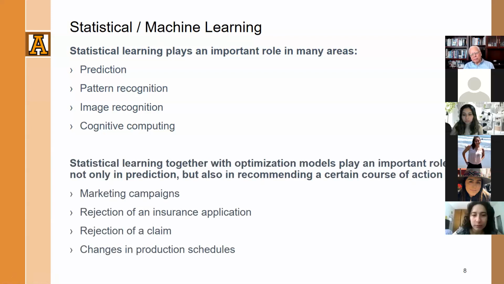When we put together statistical learning with optimization models, we can develop optimal marketing campaigns, for example. Statistical learning will not only help me predict which customers will respond to a certain campaign.